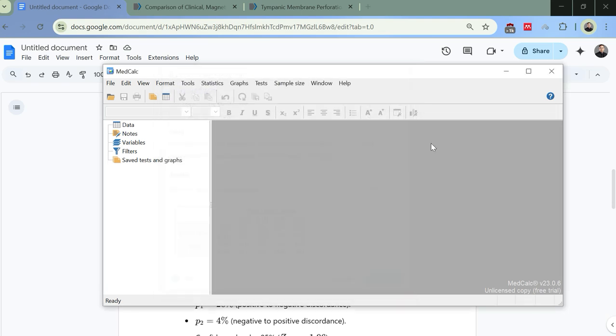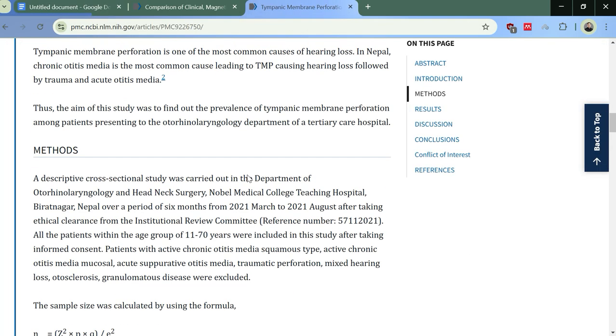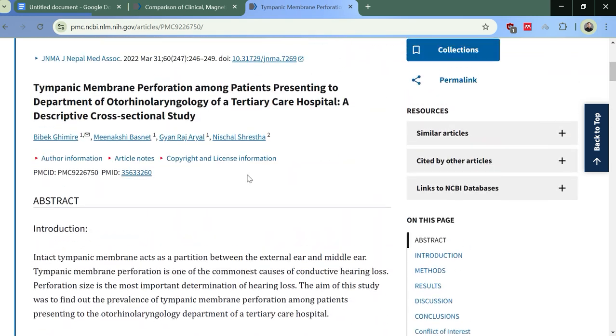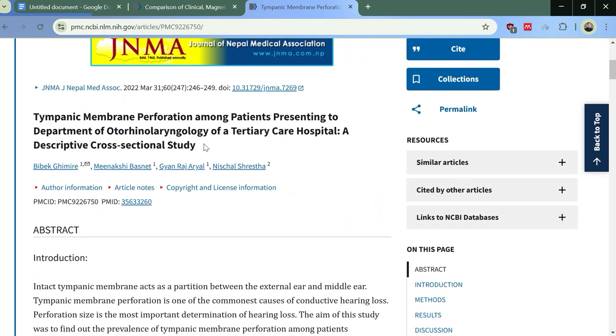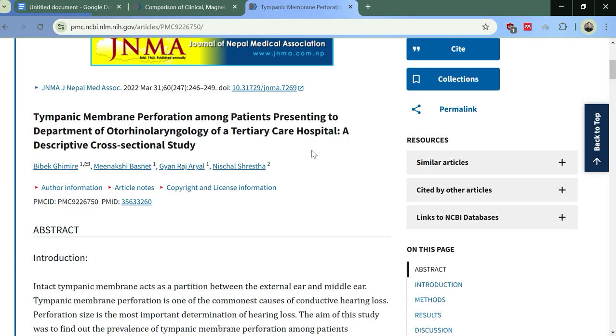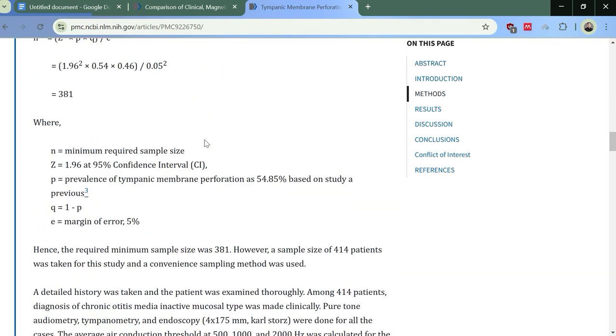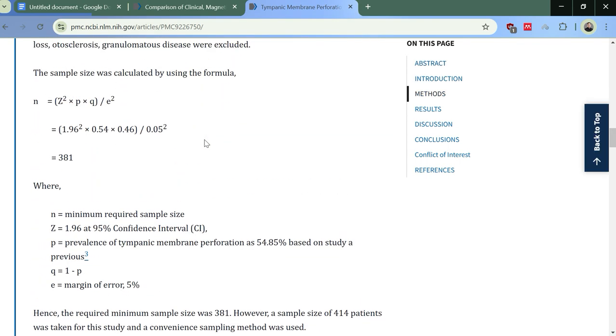So this is about finding the sample size of a comparative study. Now let's move on to the cross-sectional study. I have one article which was published 3 years back. This is my own article, about finding the prevalence of tympanic membrane perforation, and I used a simple Cochran formula for calculating the sample size.